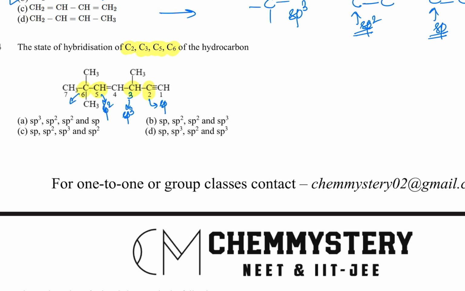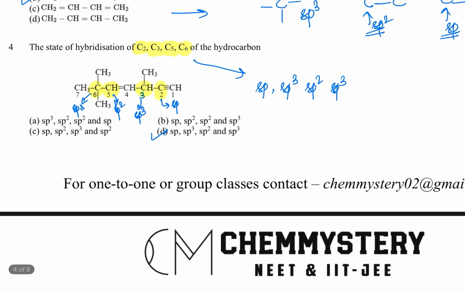Sixth one, all single bonds, sp3. So it comes as sp, then sp3, then sp2, then sp3 according to this particular sequence. So which option satisfies this? It is option D. So for the fourth question, the option is D.